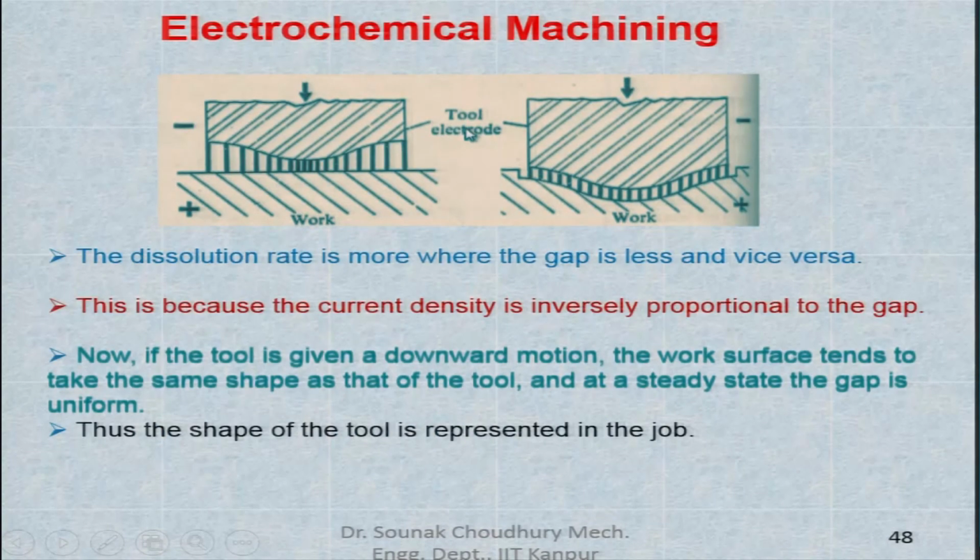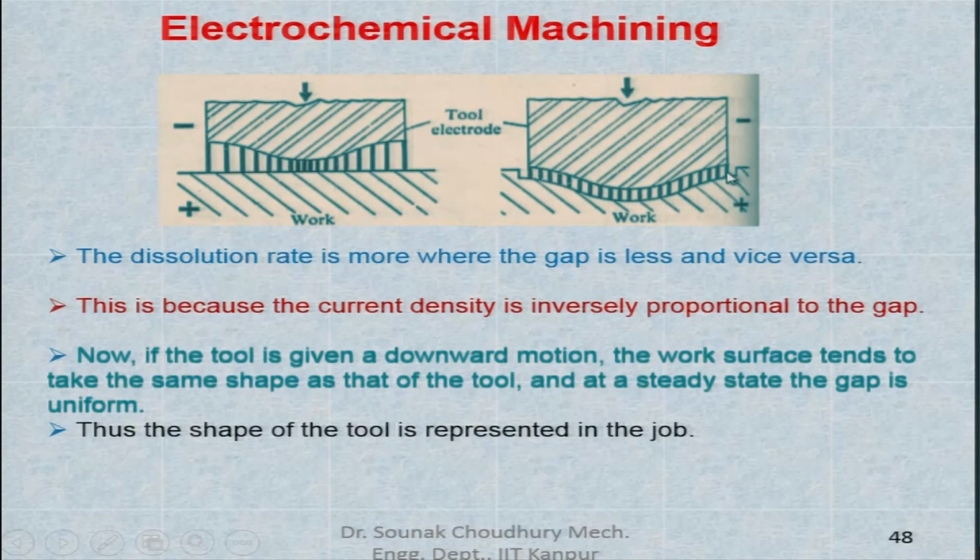Now, here electrochemical machining is schematically shown: this is the tool, which is the cathode, and the workpiece is the anode. When the gap between the tool and the workpiece is maintained at a proper level, which is the standoff distance, then as you can see the workpiece is being removed.